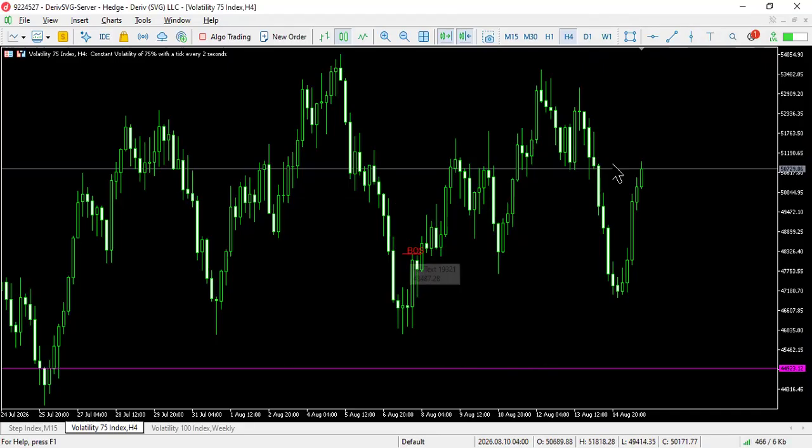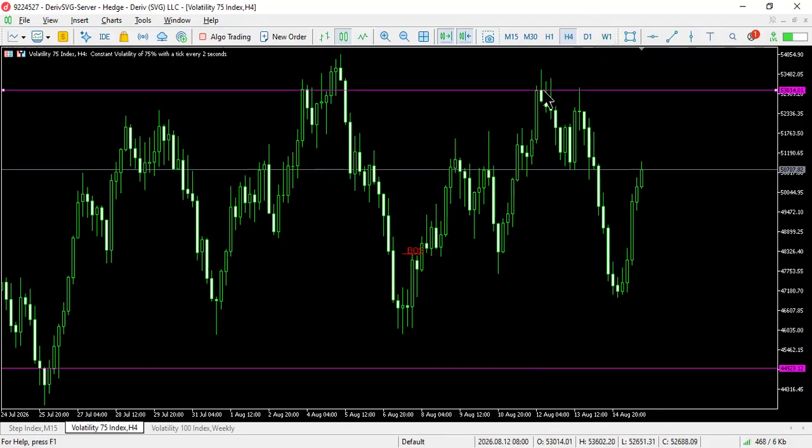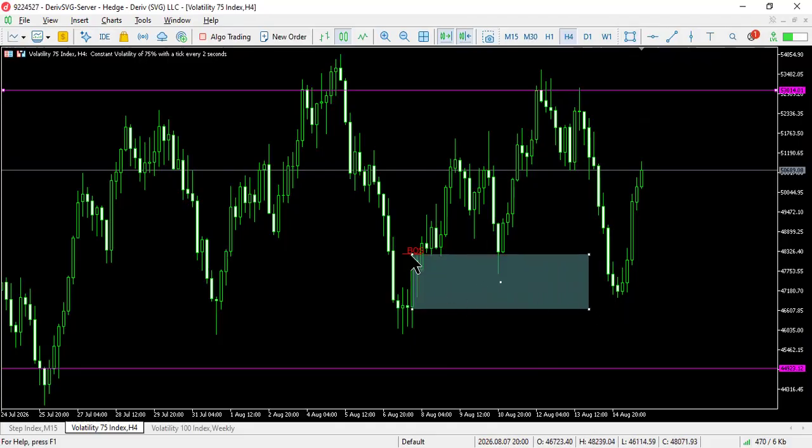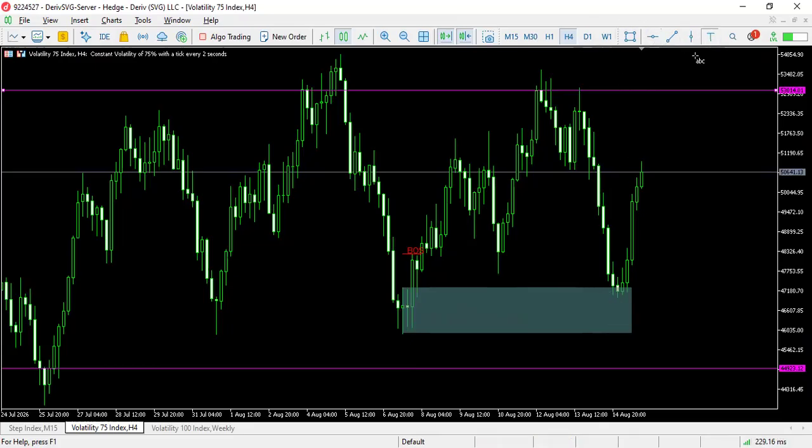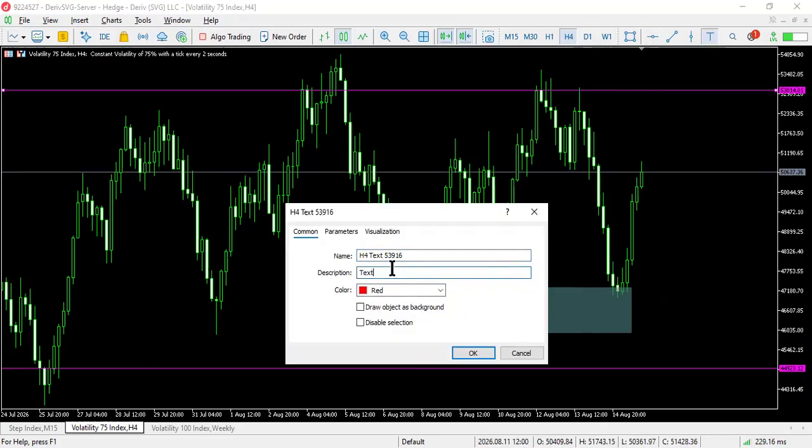So we have a break of structure, and then the order block which caused the break of structure, it is that order block where price has just stepped in and we are pushing to the upside.